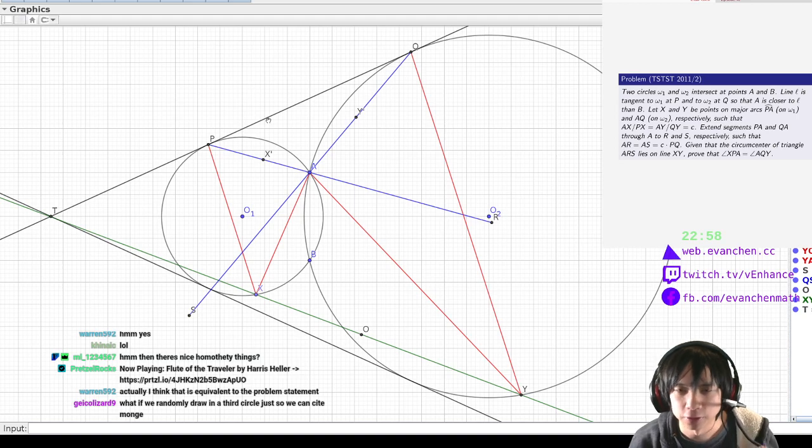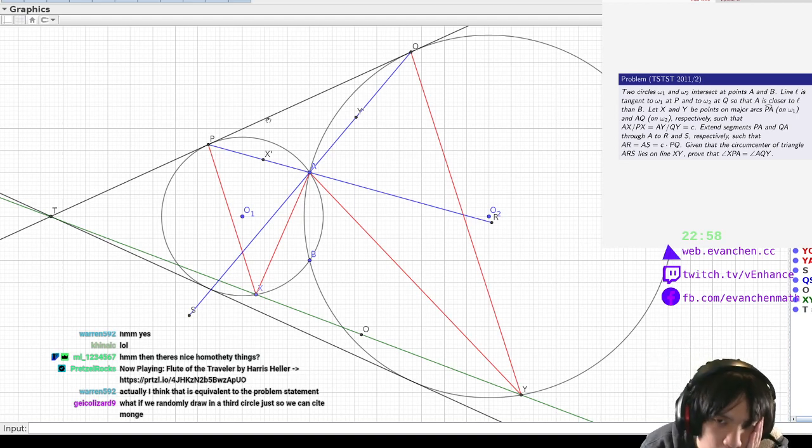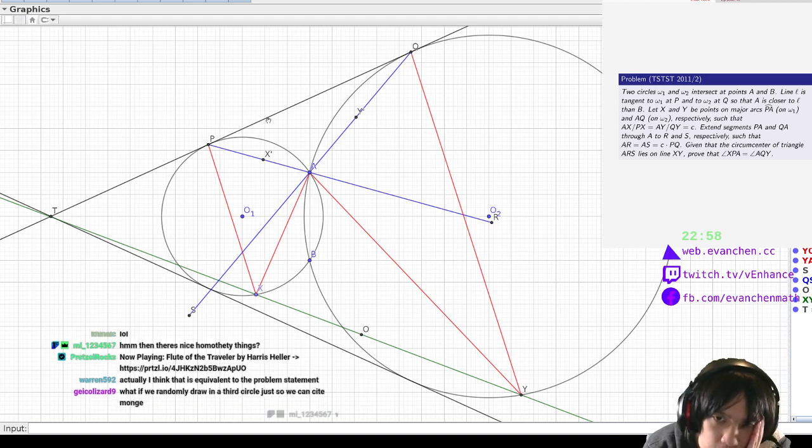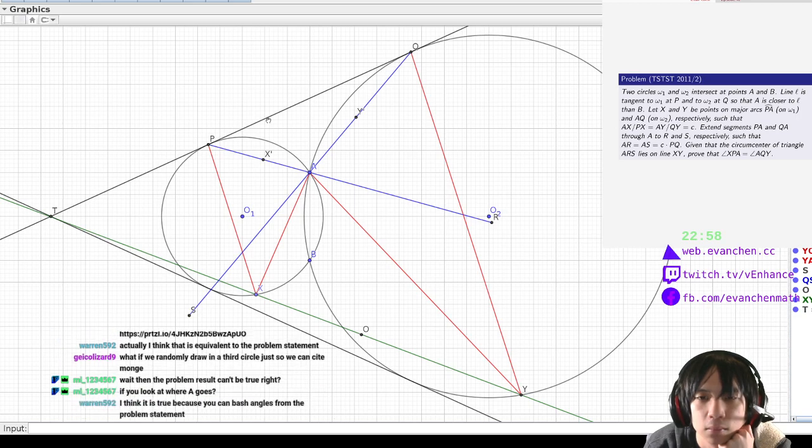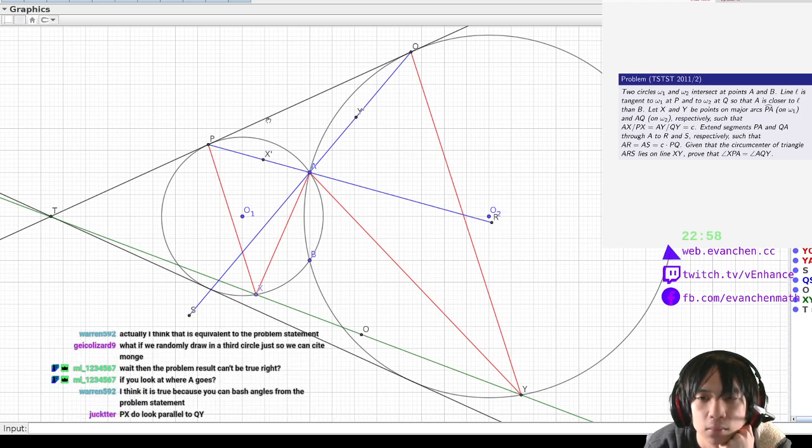What if we randomly draw in a third circle? I feel like XA and YA might be tangents too.